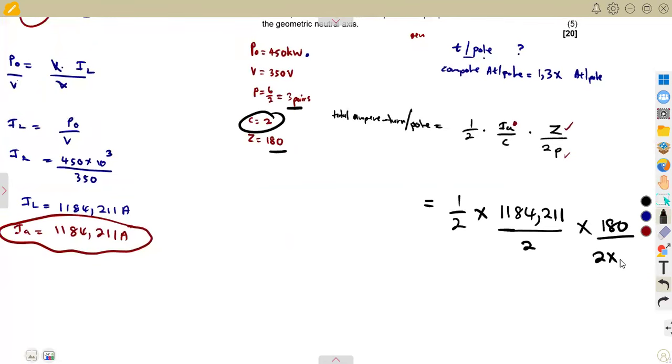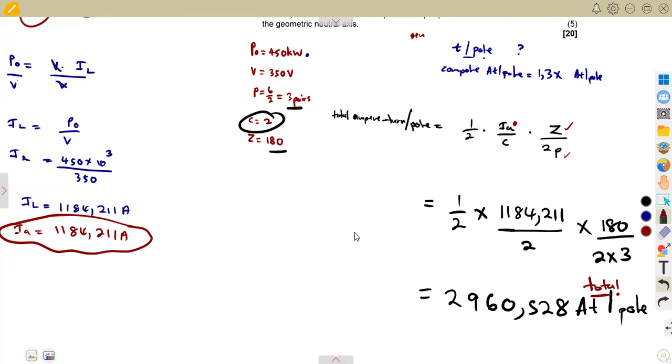How many pair poles? 3. So this is going to give us 2,960,528 ampere turn per pole. But this is the total, like the total ampere turn per pole is the total that you're dealing with here. This is the total.